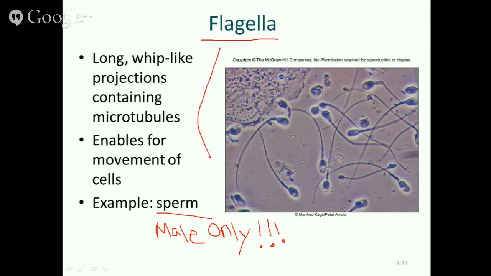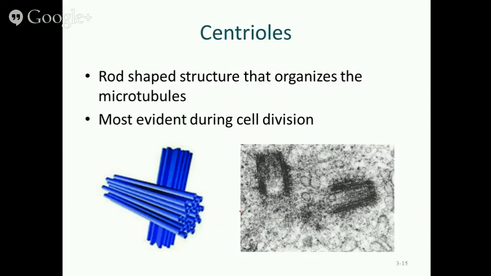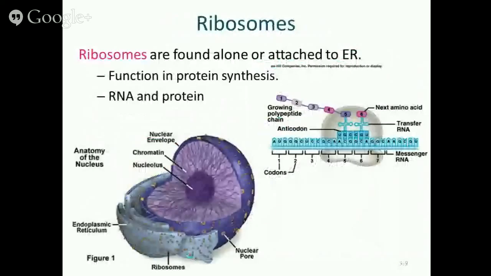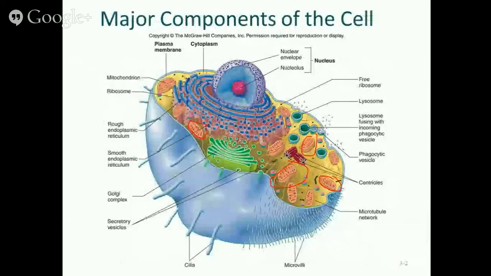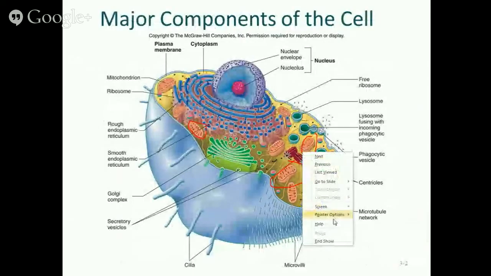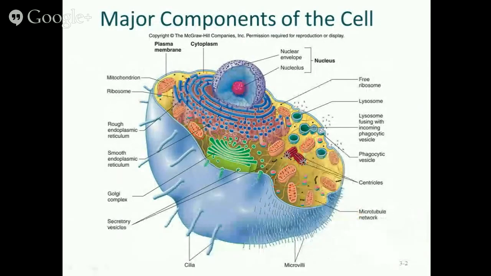Okay, last one here, centrioles. Centrioles are, if we go back to the big picture here, here's our centrioles. They look like little churros or something. Centrioles are little structures that help the cell when the cell divides as well.